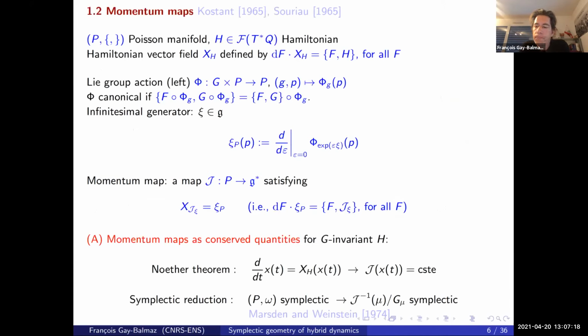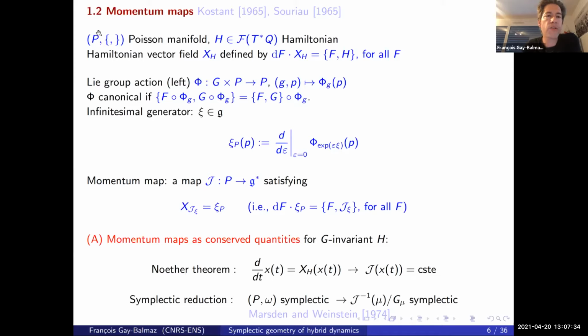A very important concept in my talk will be the concept of momentum map. This was introduced by Souriau and Kostant in the 60s. I just recall the definition here very briefly.